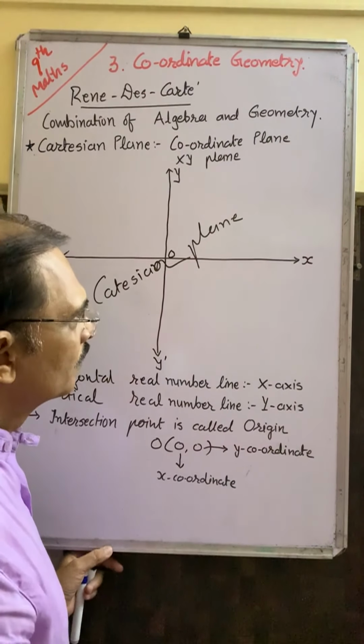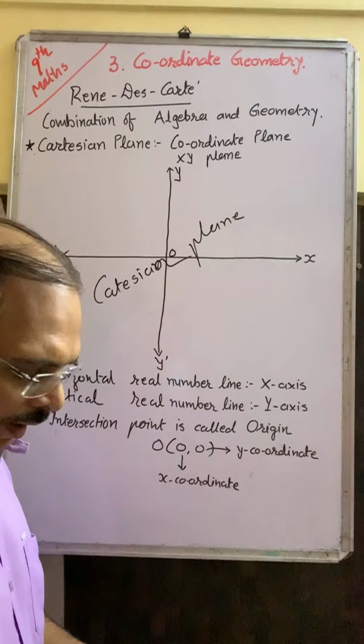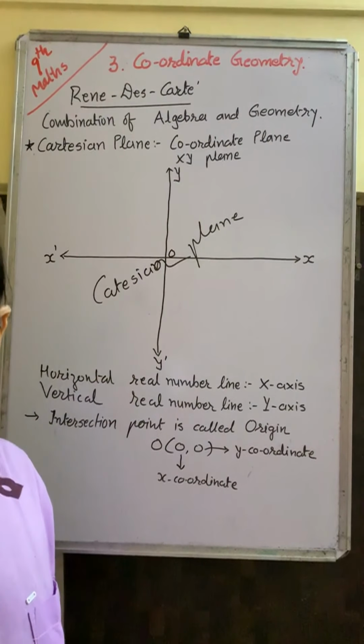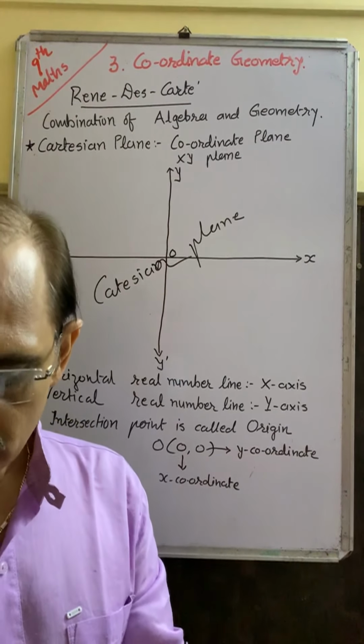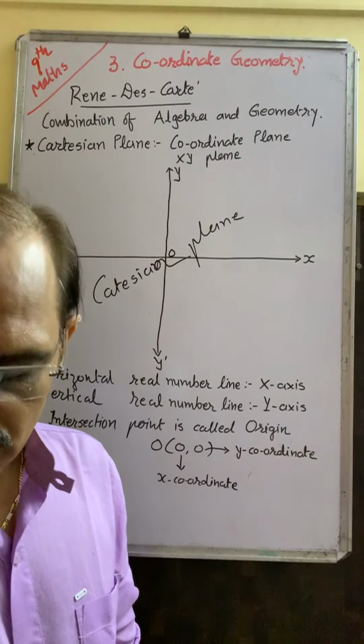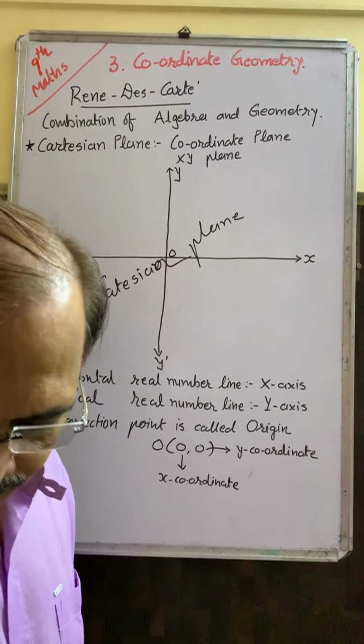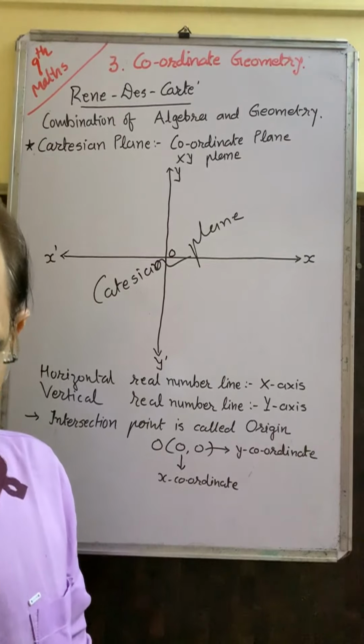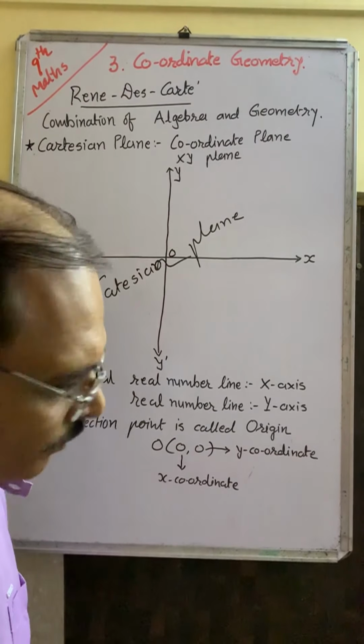Is it okay? Now see, after these axes and origin, we are going towards the Cartesian plane. There are points which are located in the plane.